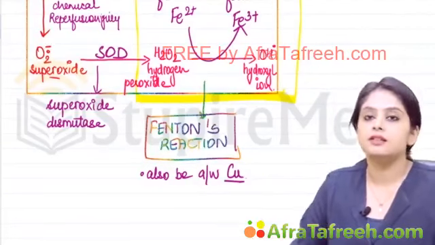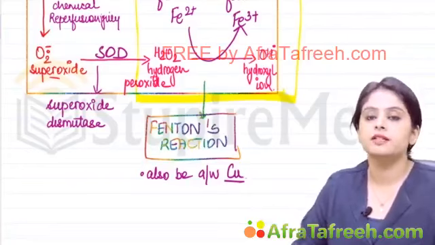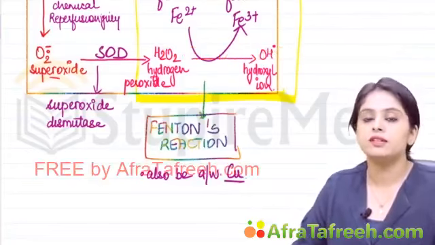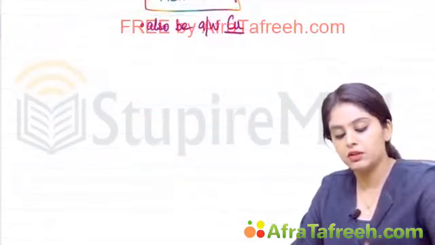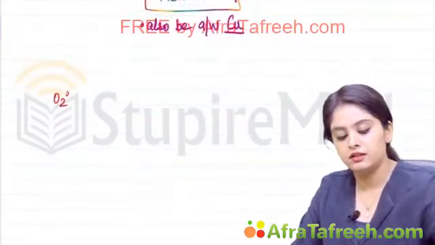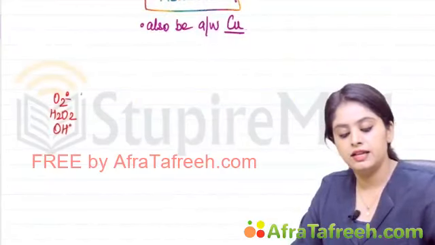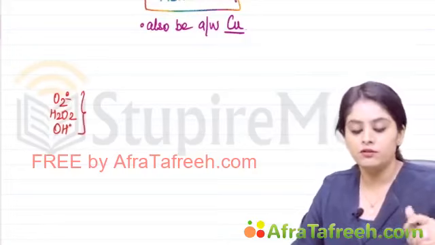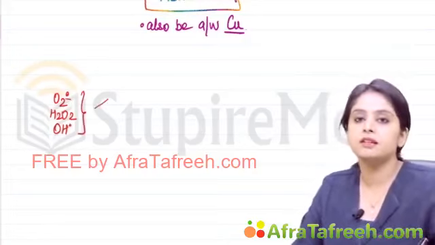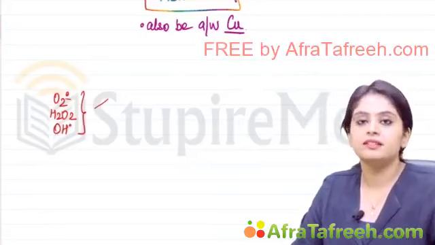Now the next thing that we need to know. There are three free radicals formed: superoxide, H2O2 or hydrogen peroxide, and hydroxyl. What is the effect that they will cause on our body? So all three of these, whether we talk about superoxide, H2O2 and hydroxyl, are going to damage every aspect of the cell. For example, the cell membrane has lipids.